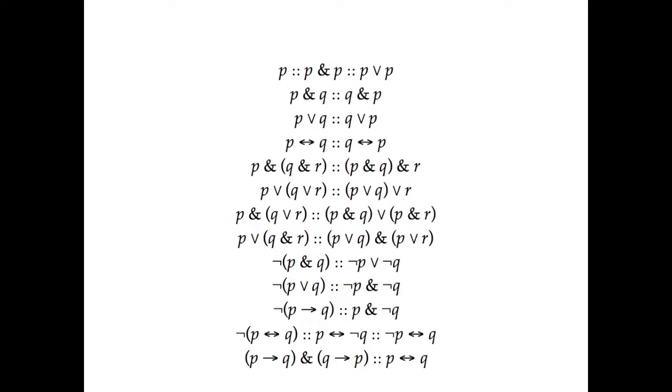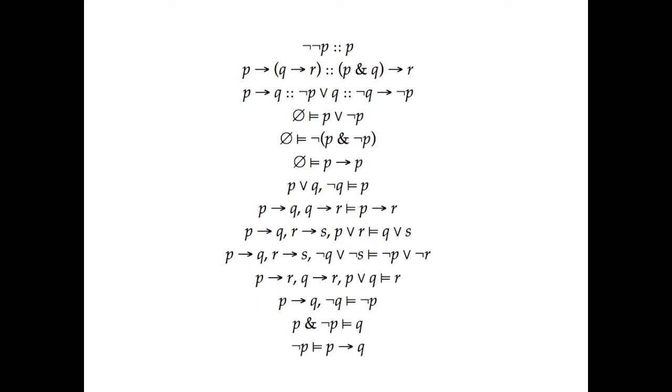Here's the second set of problems. You'll see that 3 of these say that the empty set entails something. What that means is that you have to prove the statement on the right without using any premises at all. If you think for a minute about how to do that, you'll realize that you have to use the not introduction rule, or the arrow introduction rule, one or the other.